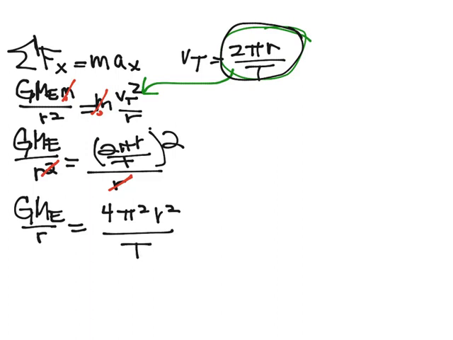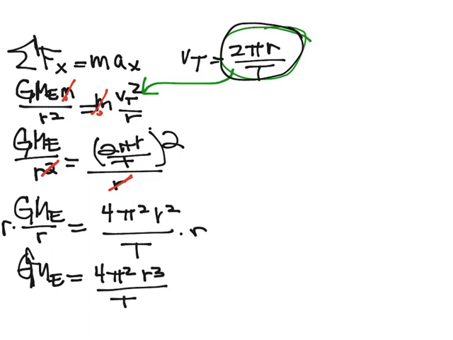I want to get all the r's by themselves, so I'm going to multiply both sides by r, and I'm going to end up with G me is equal to 4 pi squared r cubed divided by t squared.